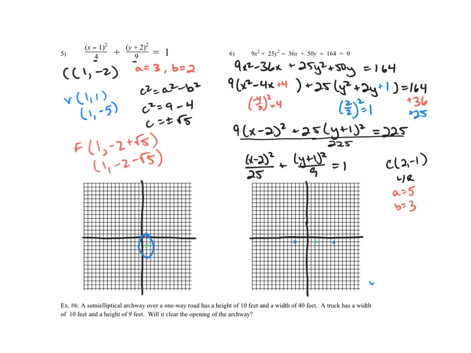And that gives us vertices of negative 3, negative 1, and 7, negative 1. Then we will graph from our center with the b value for our minor axis, so we'll go up 3 and down 3, and we'll connect our points.